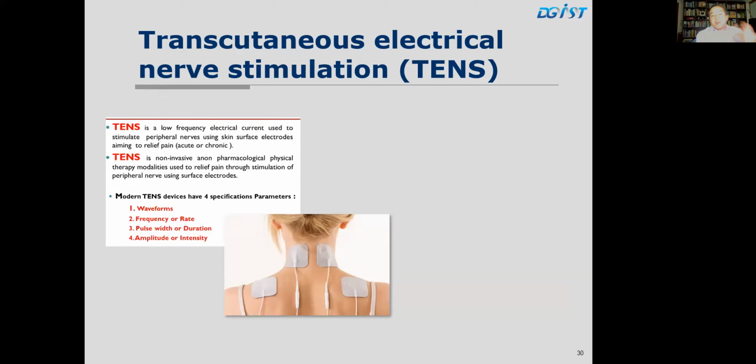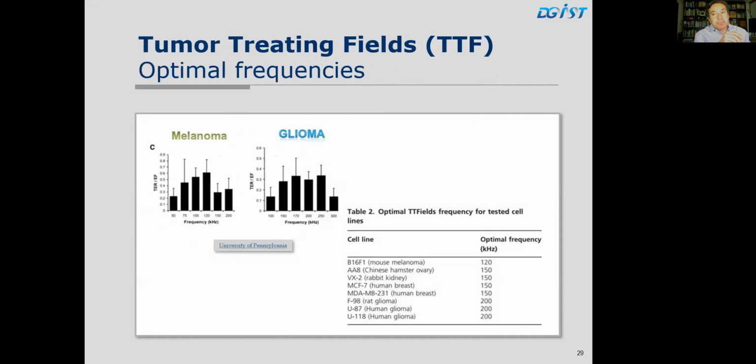So another area of non-ionizing radiation application is in what's called transcutaneous electrical nerve stimulation, or TENS. TENS is a low frequency electrical current. Oh, I should say one thing, let me go back. One of the challenges of these tumor treating fields is that many cancers, of course, are deep inside the body.